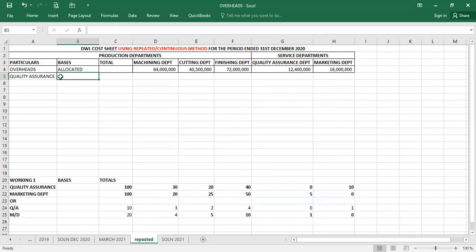Since they are not big enough, we can still take these 30s, 30 to 20 to 40, then to 10, because we are giving also this service department, but this one is 0.